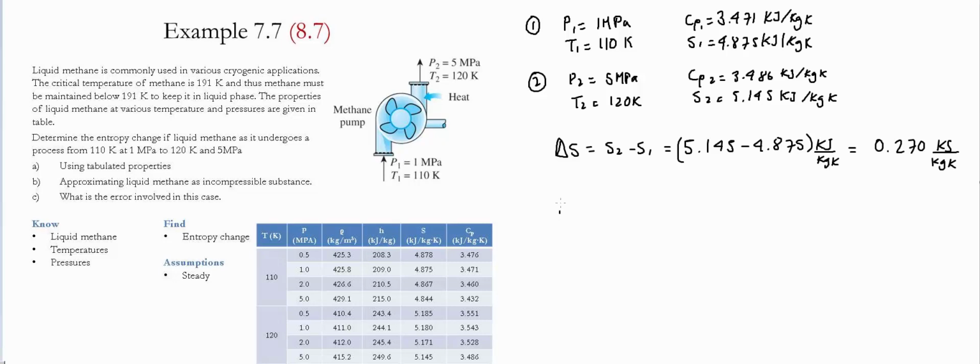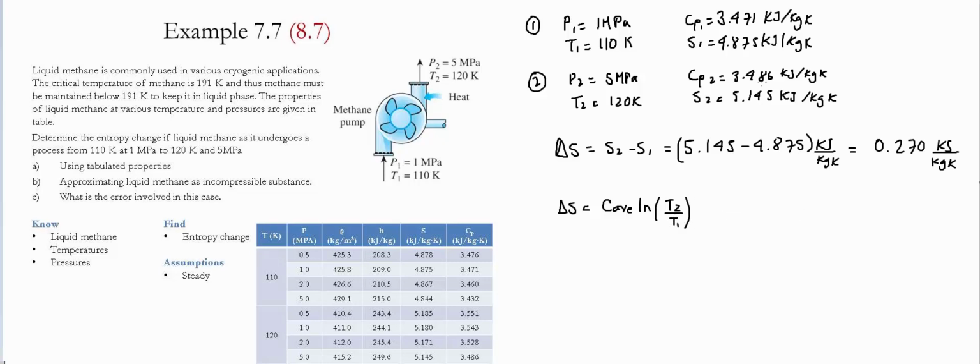In that case, we could approximate the change of entropy to be simply the average value of CP times the natural log of the ratio between the temperatures.